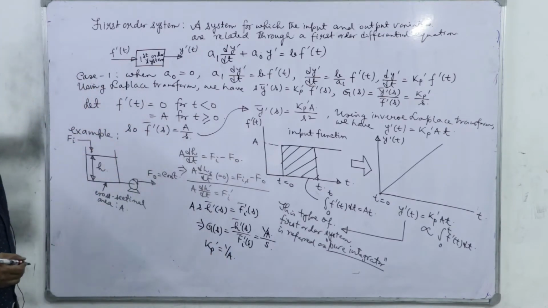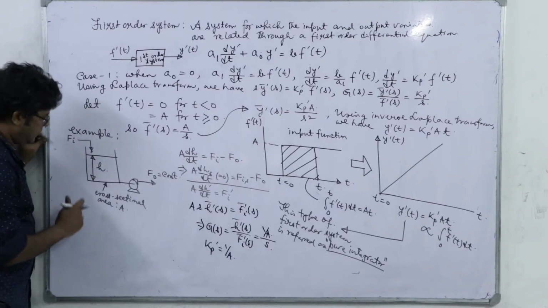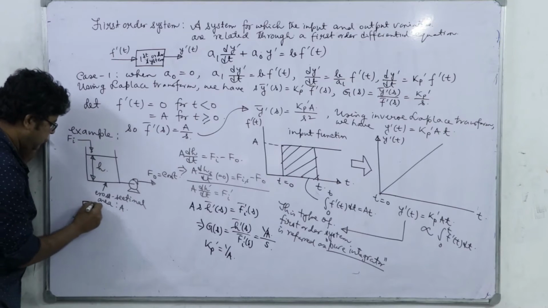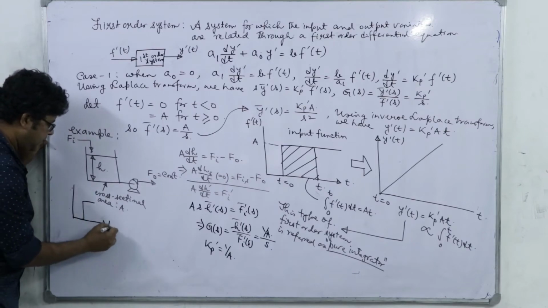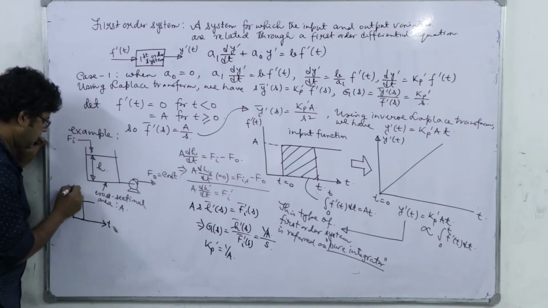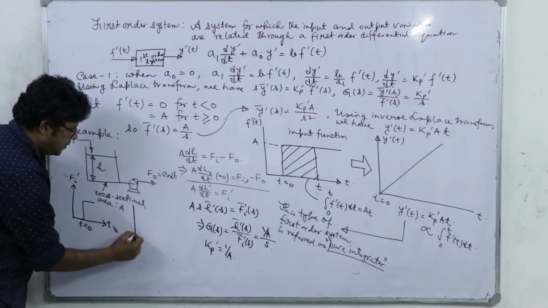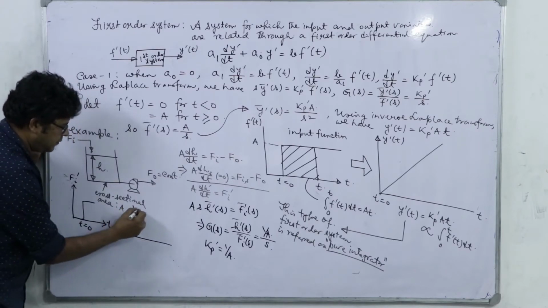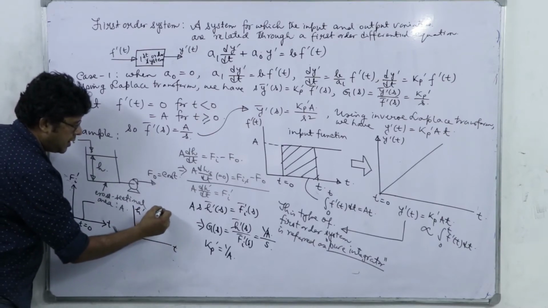Now these sort of systems, you see what will happen if I increase Fi by a step. Let's say this is Fi prime, this is t equal to 0. So what will happen to H prime? It will grow, and it will saturate.